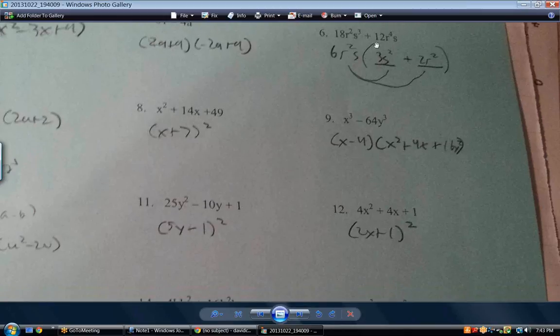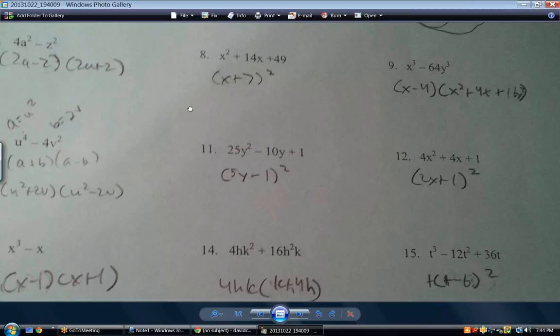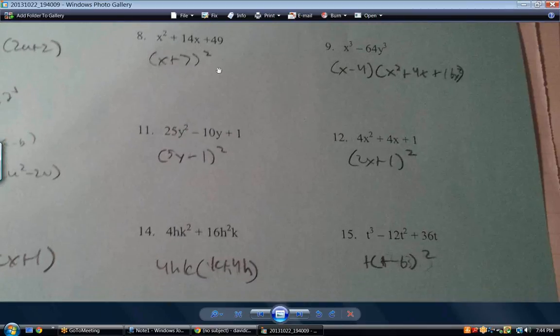Okay, so this is greatest common factor, same thing we've been doing. This is difference of squares, 2a minus z times 2a plus z. See how you put the first term as the square root of this term each time? That's a more typical way of doing it.